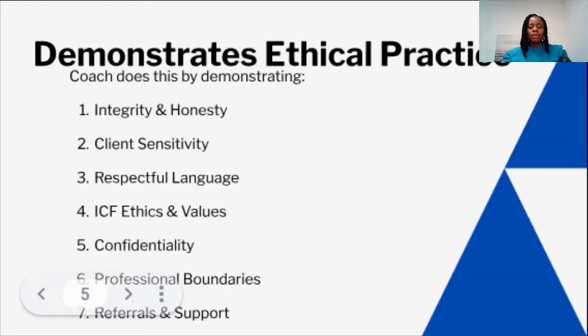So, what does that mean? Demonstrates ethical practice. Well, the coach does this by demonstrating integrity and sensitivity, respecting the client, showing integrity in their interaction with the client, in the way they run their practice, in who they are being, in respecting ICF ethics and values, in respecting the confidentiality agreement, in respecting the boundaries, like being a coach and staying in the lane of the coach, not doing other things like therapy or consulting.